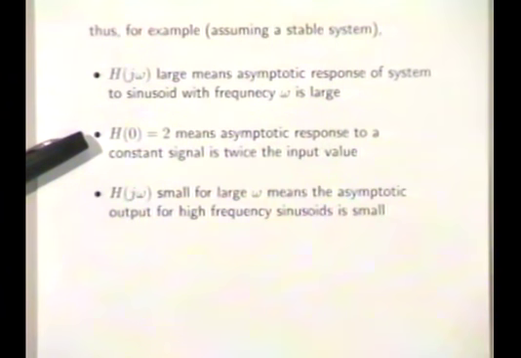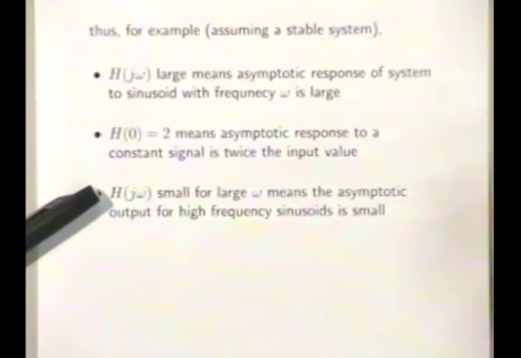If you have H of 0 equals 2, it says that if your input is a sinusoid with frequency 0, otherwise known as a constant, then such sinusoids are amplified by a factor of 2. So if you put in a constant of a certain height, the output is also asymptotically constant with a height of 2. So this is the idea.